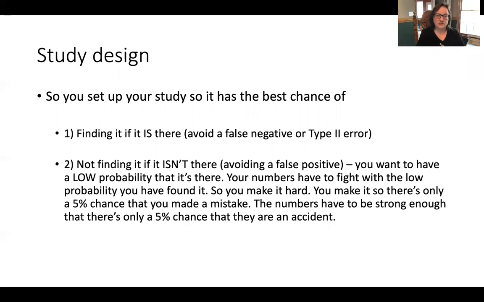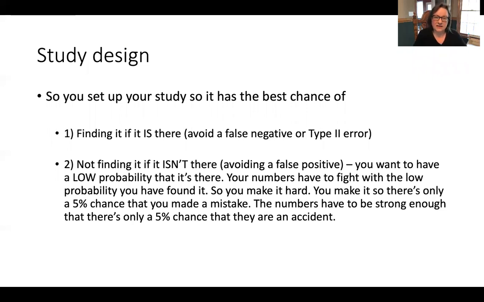You want to set your study up so it has all of the elements of internal validity that are going to make it be as strong as it can be. If you're doing a study on an intervention, you want the intervention to be as strong as it can be so that you can see the effect if there is an effect.